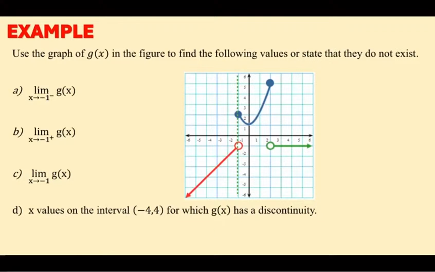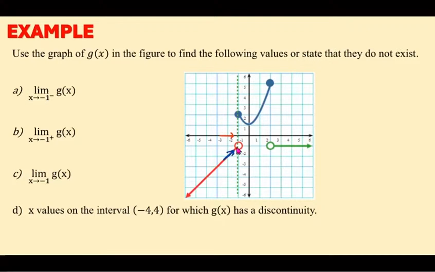So now the question is, in the first one, the limit as x approaches -1 from the left. When we go closer and closer to -1 from the left, the way I've shown here with the arrow, you can see that the graph is here. So as x approaches -1, the graph approaches that hole where the corresponding value is -1.